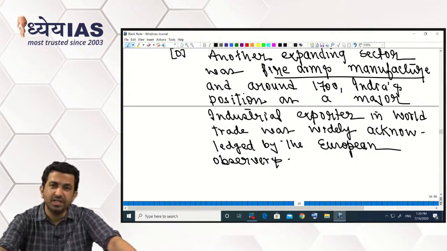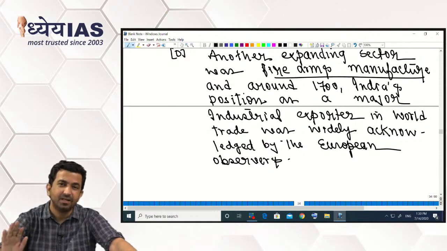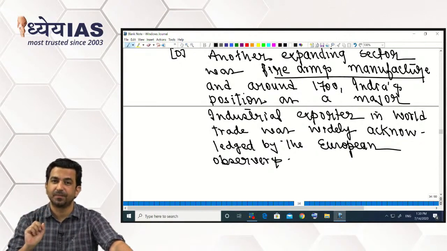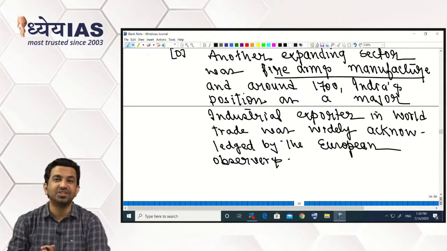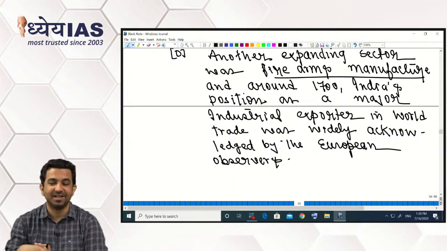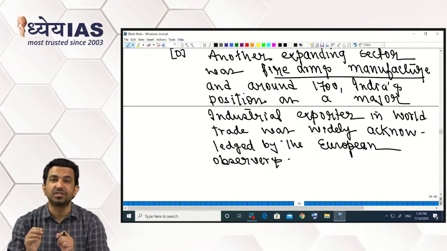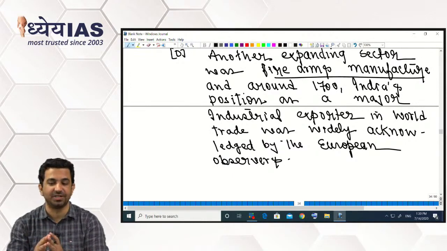And not only these production sectors. Apart from the production sector, India had a large, ready-made merchant class because of the caste system, within which the Banya caste enjoyed a dominant position.